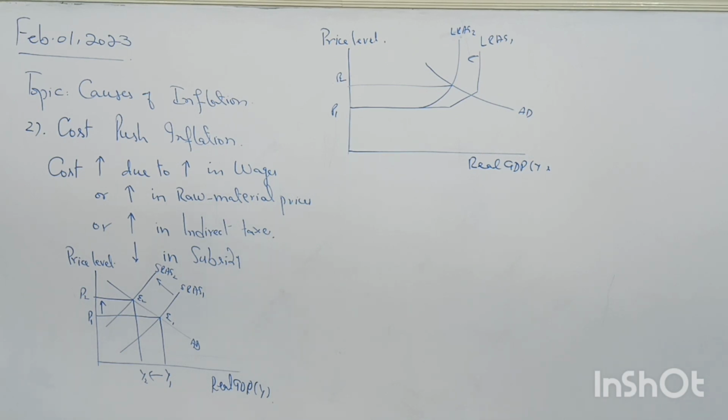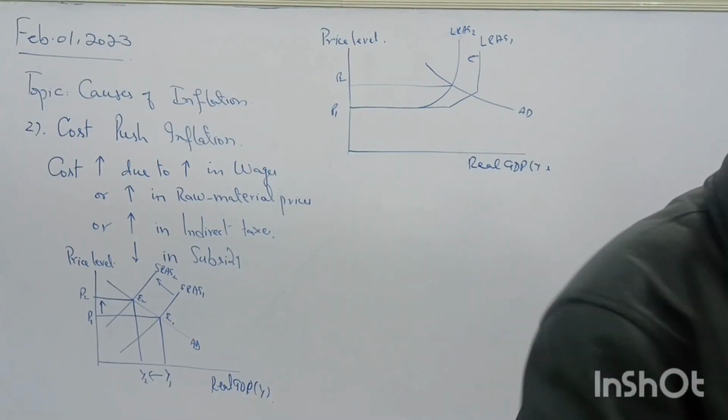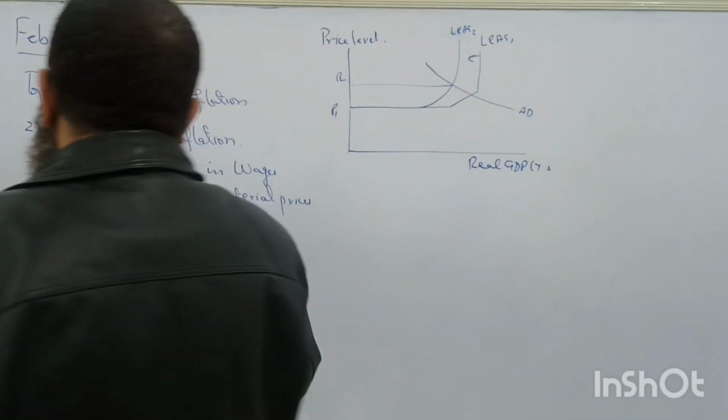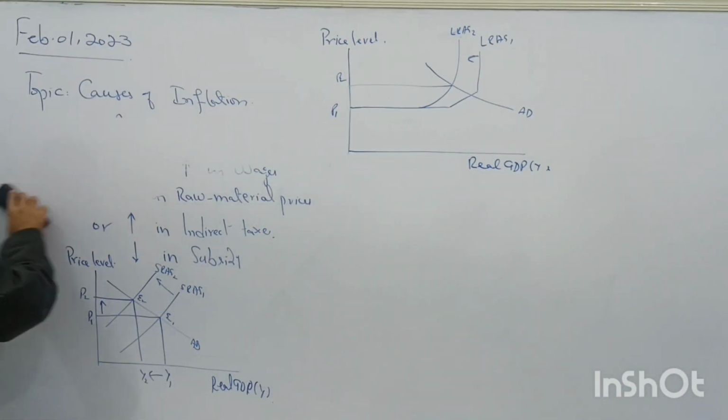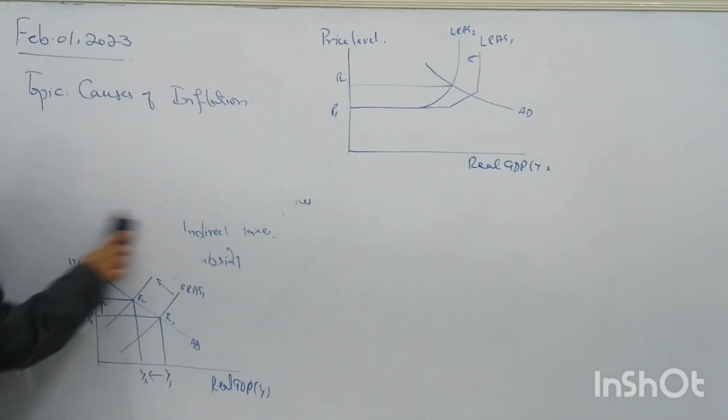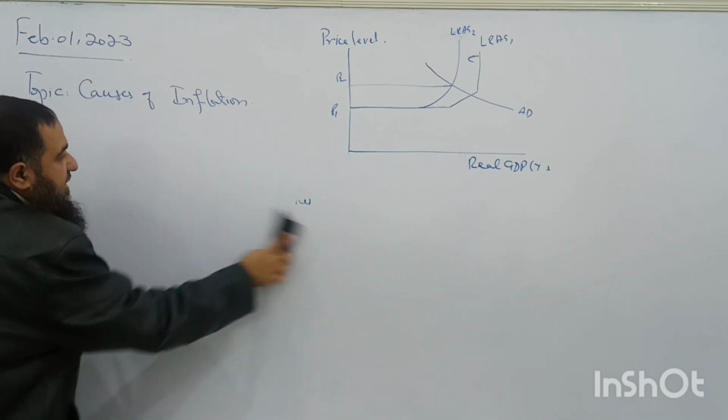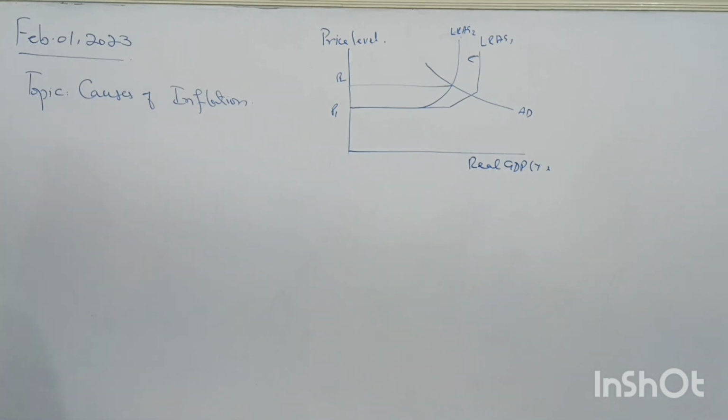Okay. Now I am going to explain what happens when there is monetary expansion. Do you know what monetary expansion is? Causes of inflation. Inflation can also be caused when the money supply is increased by the central bank.